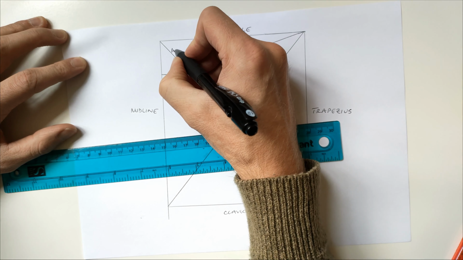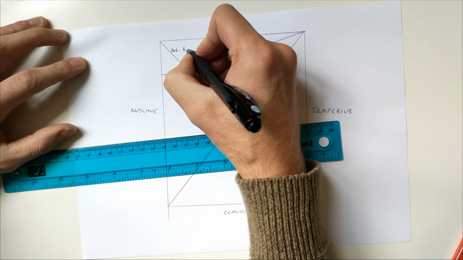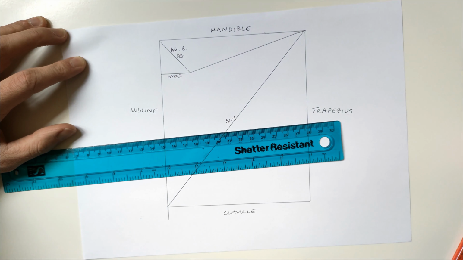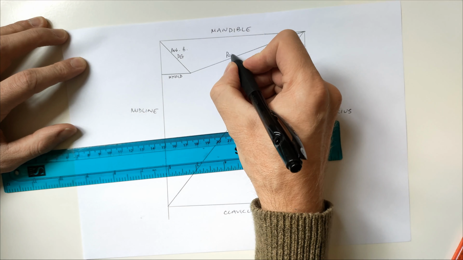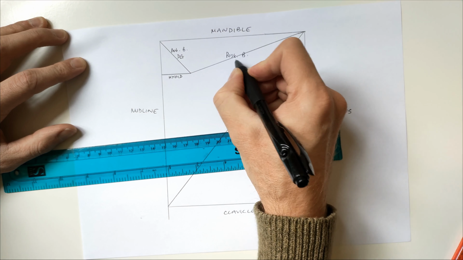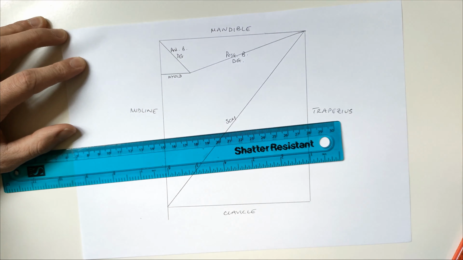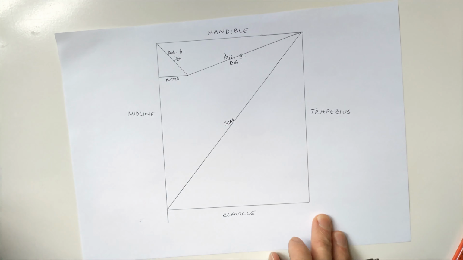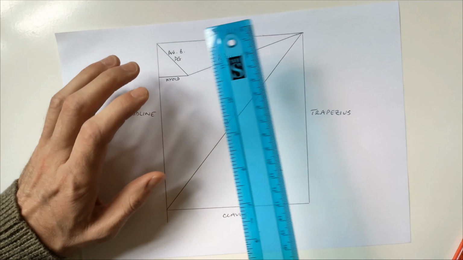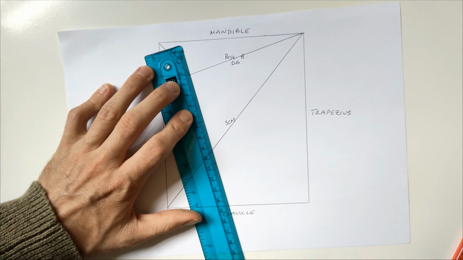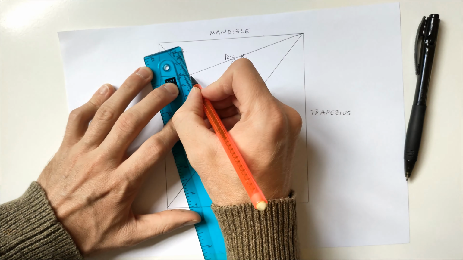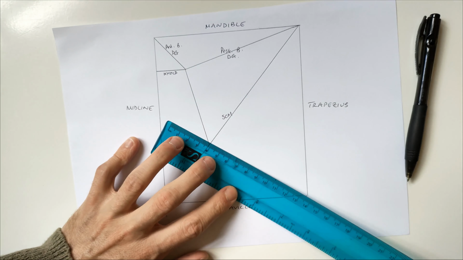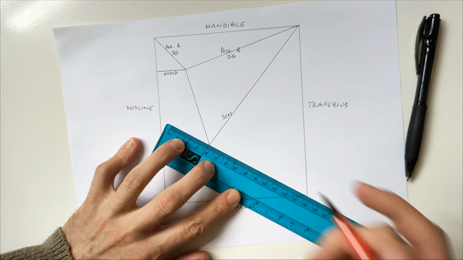And then, as we've mentioned, we've got the anterior belly of the digastric. I'm just going to write DG. And the posterior belly of the digastric. And then we have one more muscle to add in to complete our diagram, and that is the omohyoid muscle. And the omohyoid, like the digastric, has two bellies.